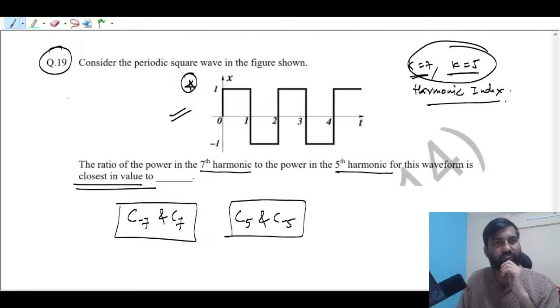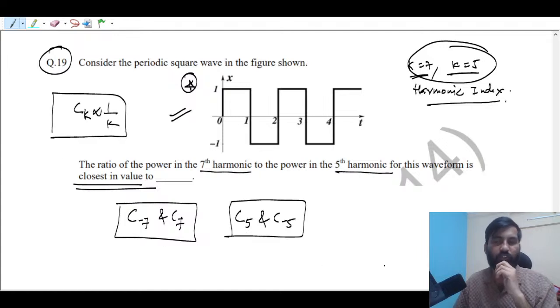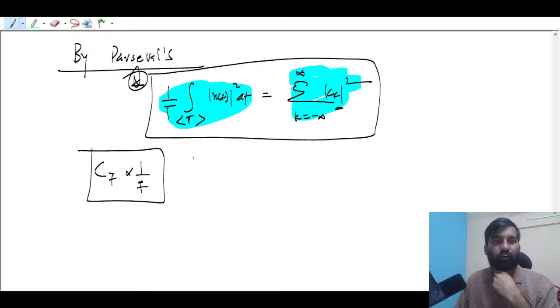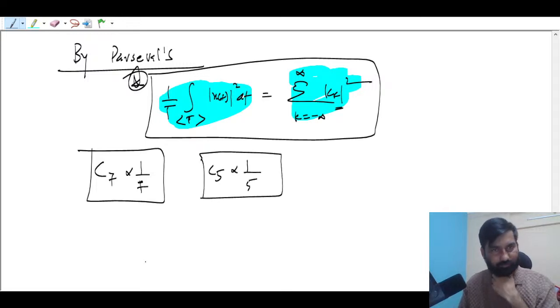So we know that this is nothing but your square waveform. So the convergence for this waveform is going to be what? ck is going to be proportional to 1 by k. I hope this makes sense. So your c7 is going to be proportional to 1 by 7, right? Or you can say that your c5 is proportional to 1 by 5 only. Okay.